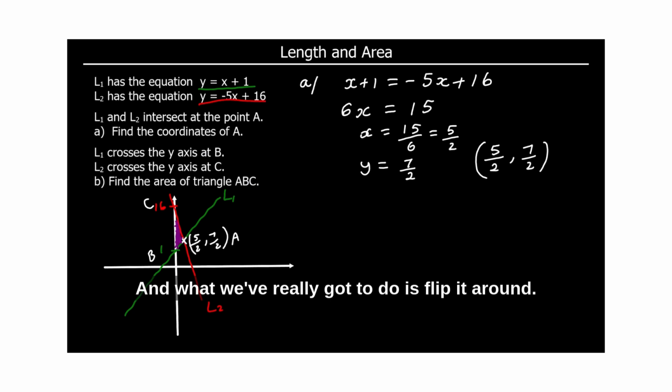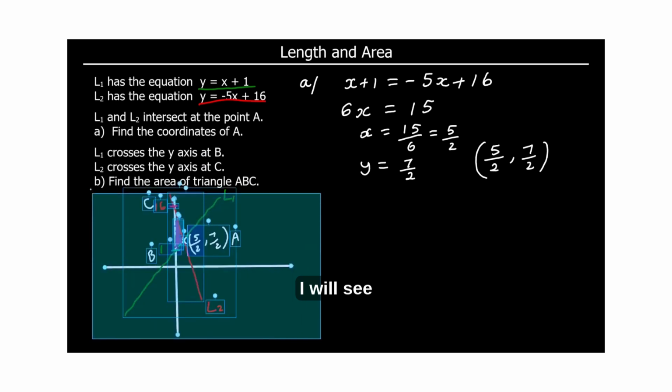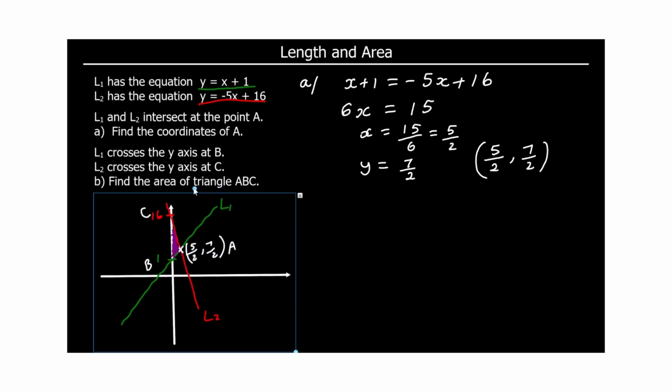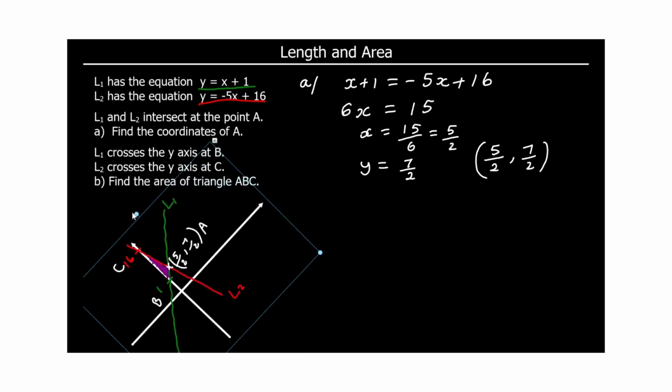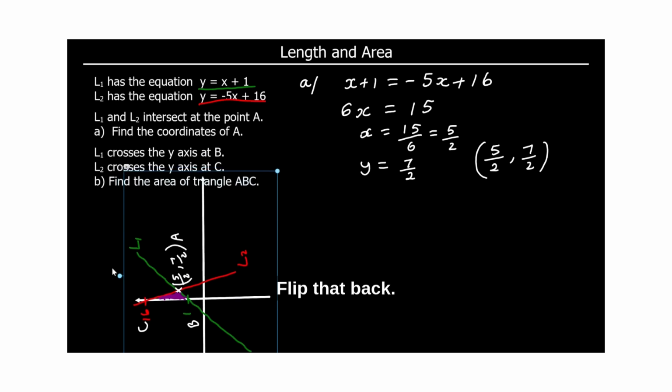And what we've really got to do is flip it around, so look at it from a different perspective. I will see if I can just rotate this. So look at it from this perspective. You can see the base between 1 and 16, and the height will be 5 over 2, the x coordinate. Flip that back.